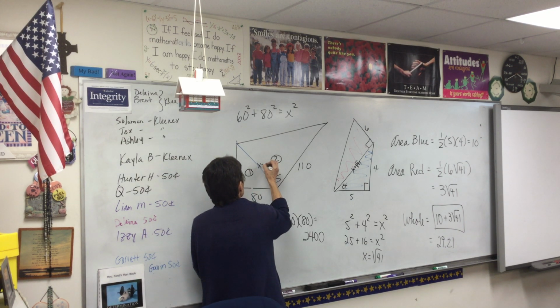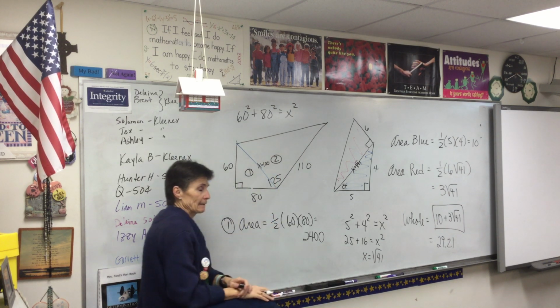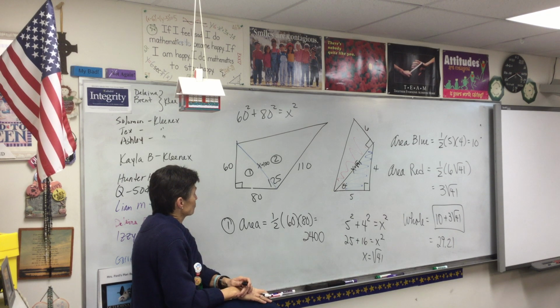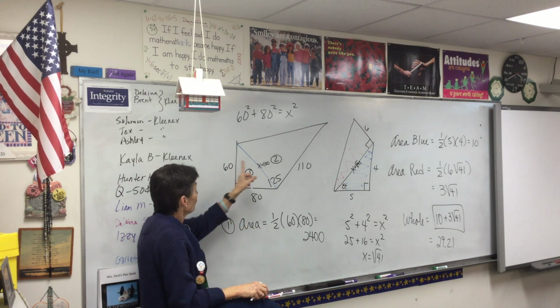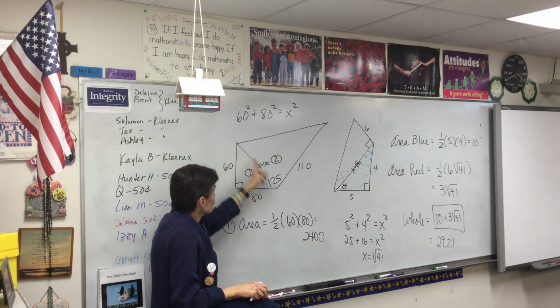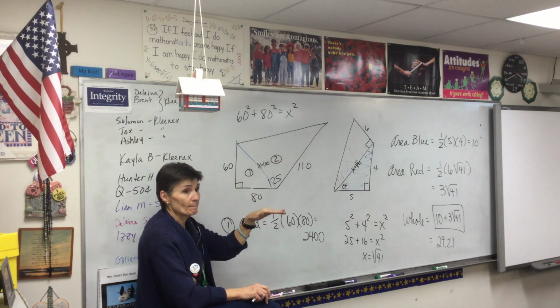Is it 100? But you gotta square root it. So I think it's 100. So we did the Pythagorean Theorem, and now we know that this side of triangle 2 is 100, and that side is 110.